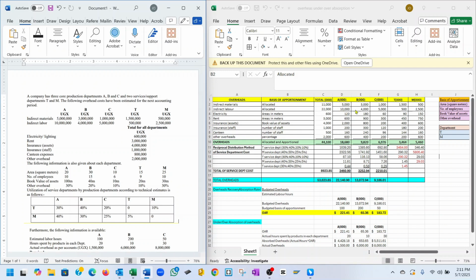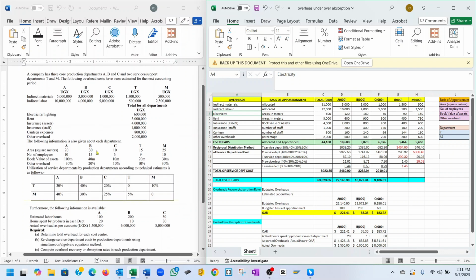And so the costs are allocated here, indirect labor, and they are allocated. And the total is 22 million. I hope you get the understanding. Okay. Now, electricity has been given as 600,000 here. Now, that is not allocated, so we need to apportion.